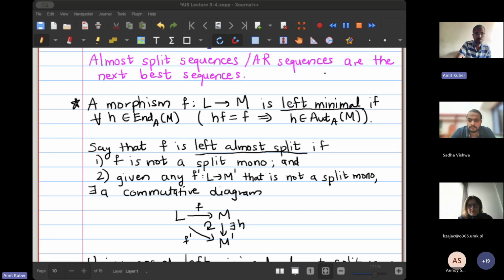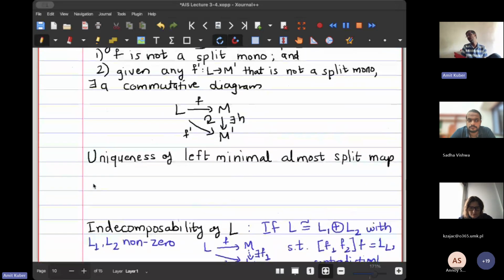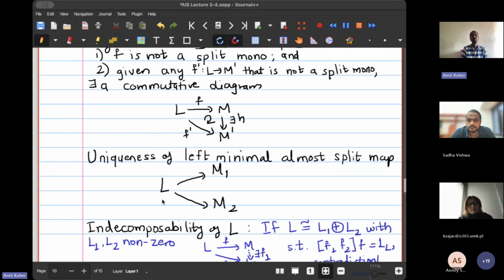If we take these two conditions together, then we get uniqueness of the left minimal almost split map, meaning the combination of both. Let us see the proof of this very quickly. Suppose L to M1 and L to M2 are both left minimal almost split maps, F1 and F2.